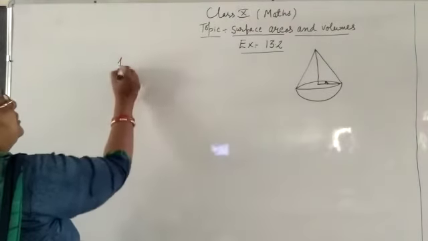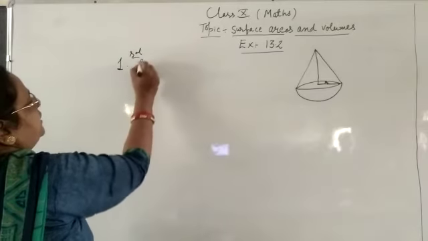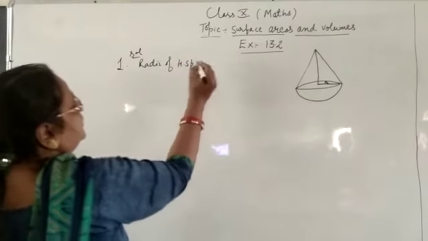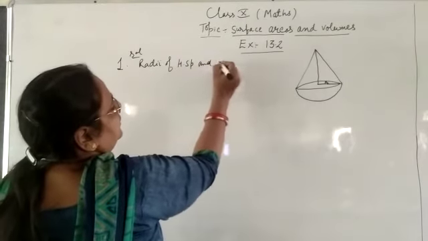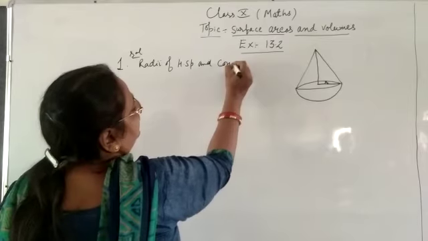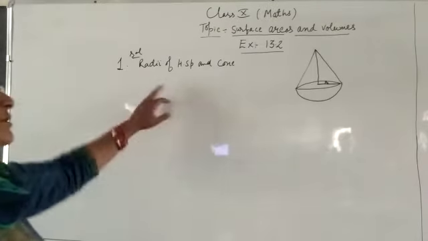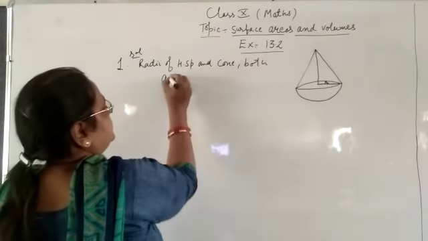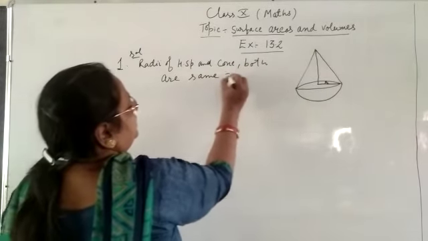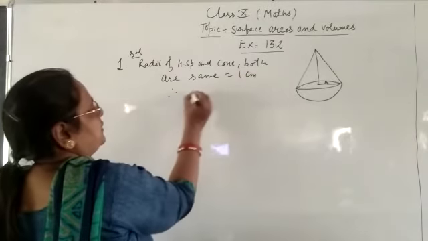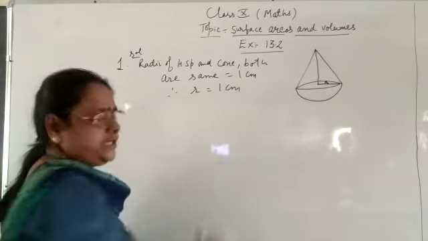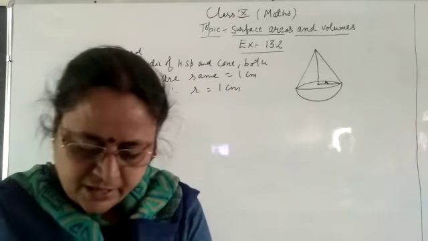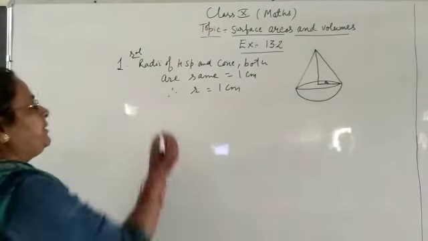Given, see the solution. Question number 1. The radii of the hemisphere and the cone are both the same, equal to 1 centimeter. So we take radius r equal to 1 centimeter, and the height of the cone is also equal to 1 centimeter.